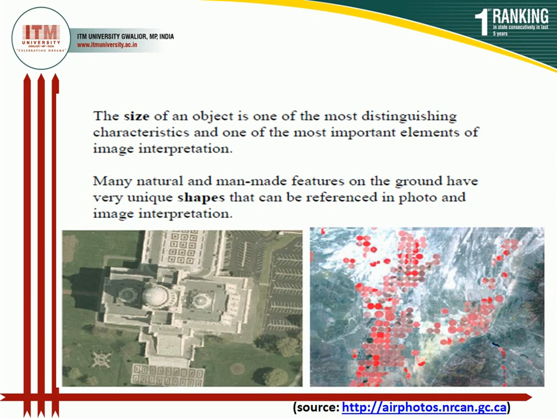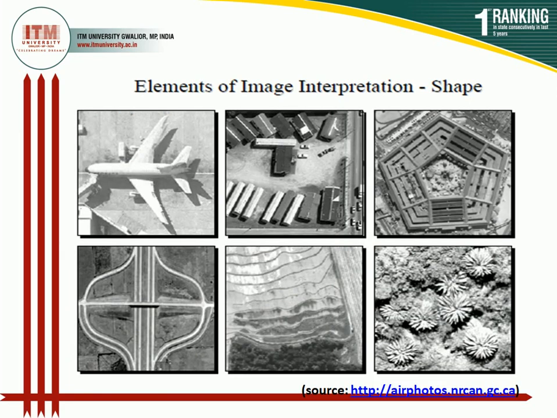Shape is also a very important factor. It basically tells about the configuration of a particular object. Regular geometry of an object represents human intervention or human presence. If the geometry of an object is irregular, that means it must be a natural object.